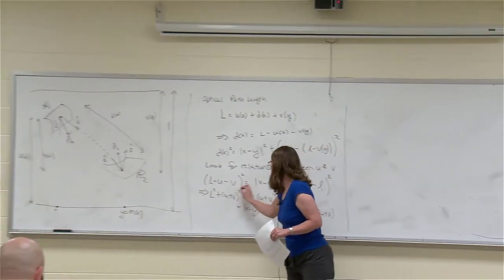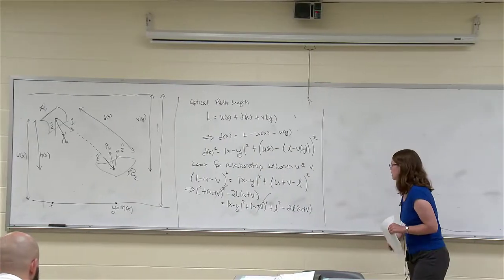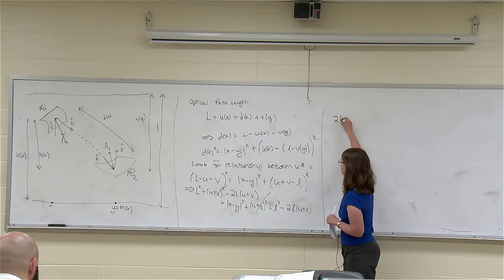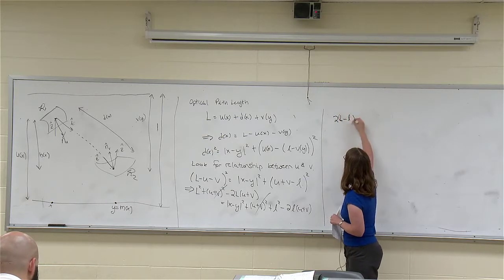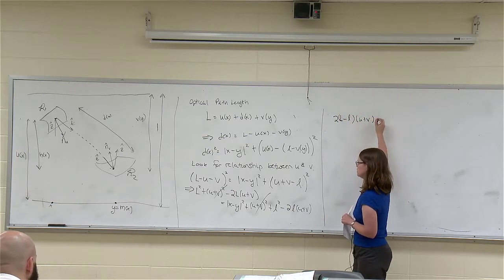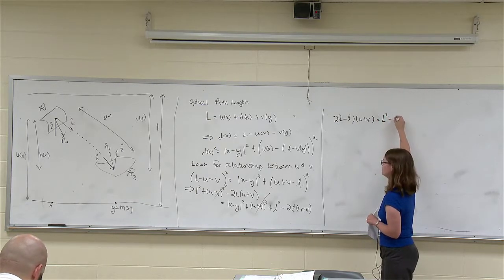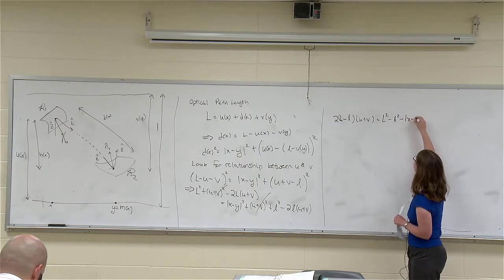Let's see. That guy doesn't matter. And what do I have? I have (2L minus 2l)(U plus V) is going to be equal to L squared minus l squared minus (X minus Y) squared.